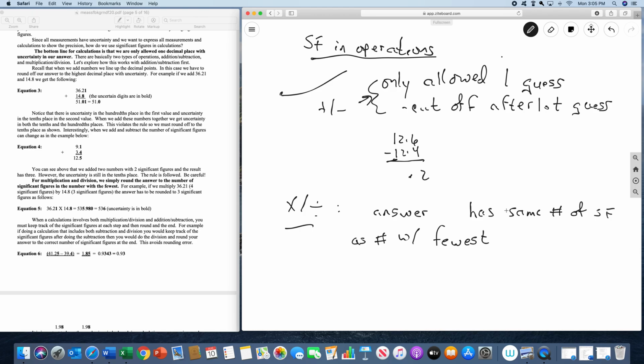So if you look over here, look at equation 5, this number has 4 sig figs, this number has 3 sig figs. My answer, my calculator's a liar. My answer can only have 3 sig figs.